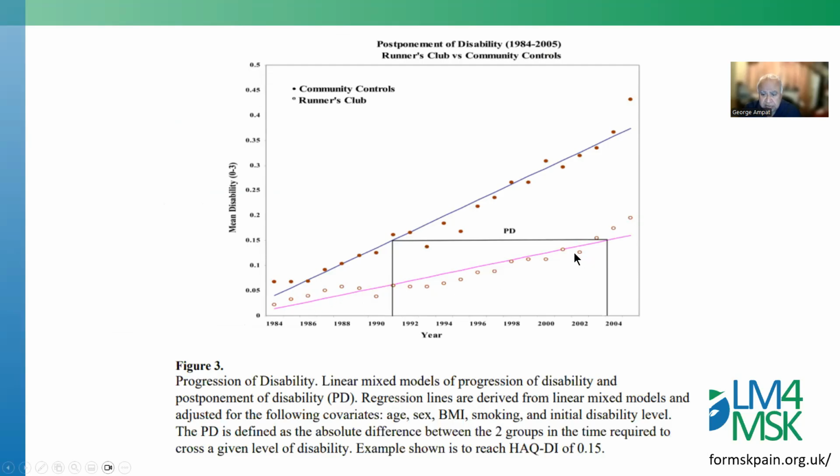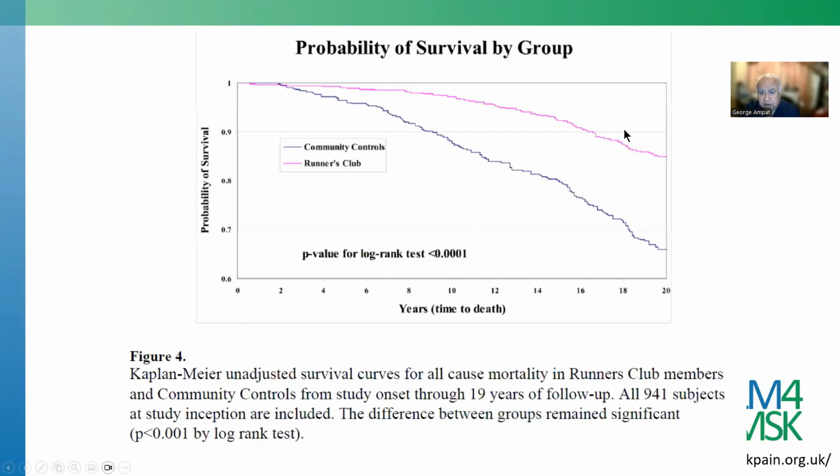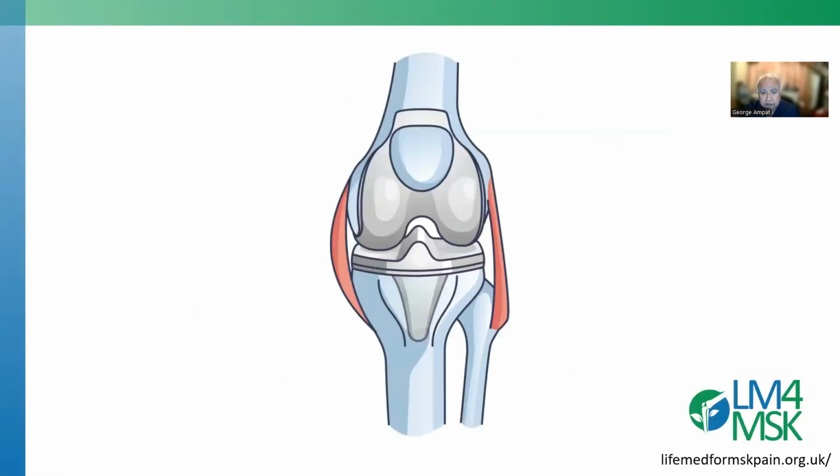The runners had less arthritis in the knee and the hip, whereas the non-runners had more. What is also very interesting is the survival. The non-runners, community controls, were dying more frequently than the runners. They were all over 50, so they were at an age where they may die. But the runners lived longer than the non-runners. So you have less arthritis, even though you're impacting the knee repeatedly, and you live longer.